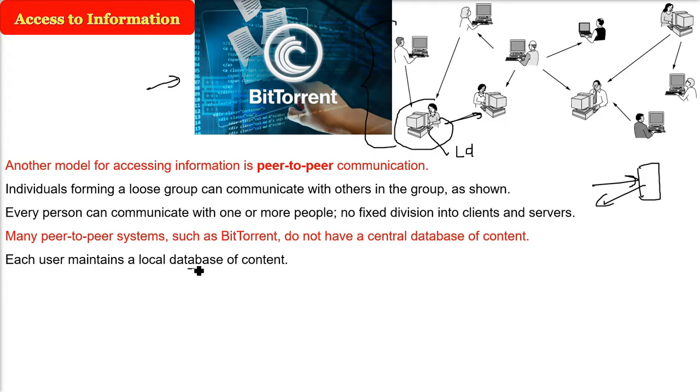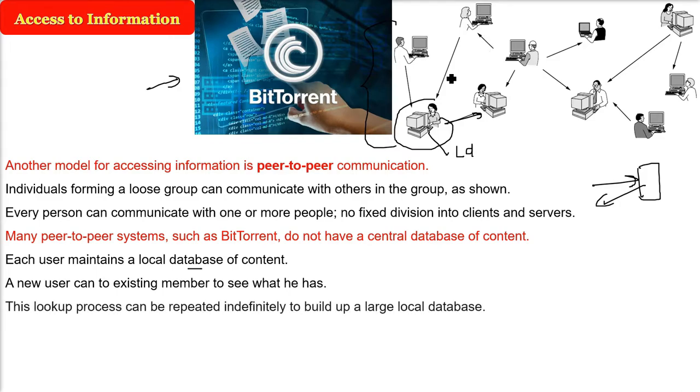Because there is no central database, a new user can see from the existing members what they have, and this will iteratively go on. This looking up by a new user, repeated indefinitely, will build a large local database.